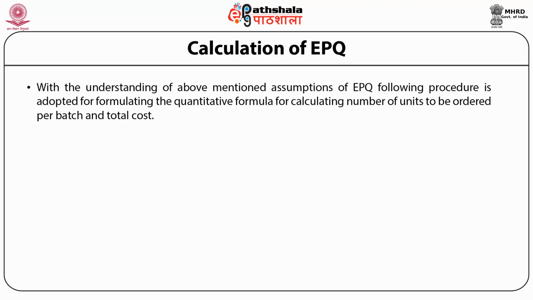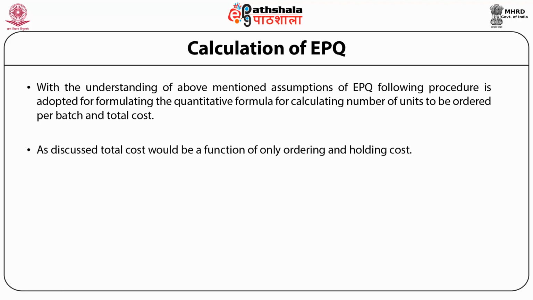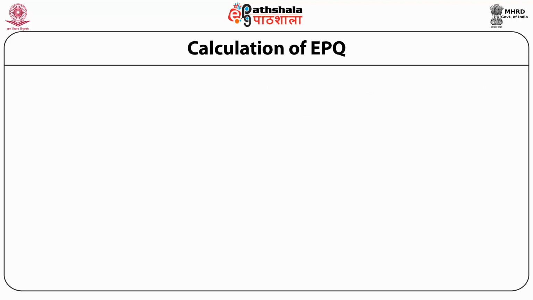With the understanding of the above-mentioned assumptions of EPQ, the following procedure is adopted for formulating the quantitative formula for calculating the number of units to be ordered per batch and the total cost. As discussed, total cost would be a function of only ordering and holding cost.